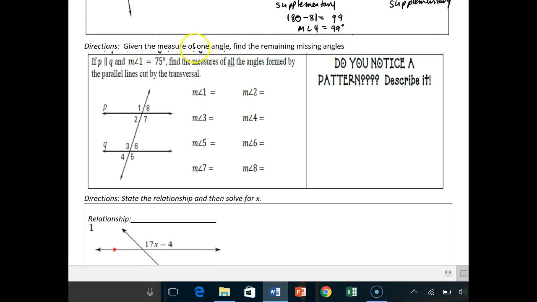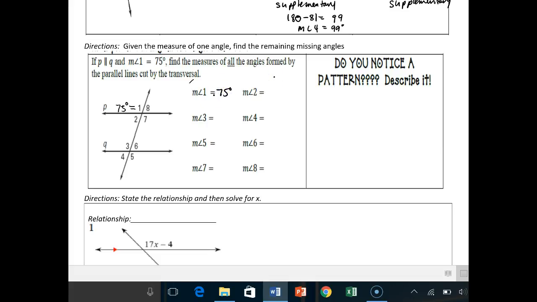All right, let's take a look at this next section here. It says, given the measure of one angle, find the remaining missing angles. If this angle, angle 1, is 75 degrees, by the way, I just want you to recognize that this is an obtuse angle. There's no way it should be 75 degrees, but the problem clearly says it's 75 degrees. You need to find all the other angles. So angle 1 is 75 degrees.